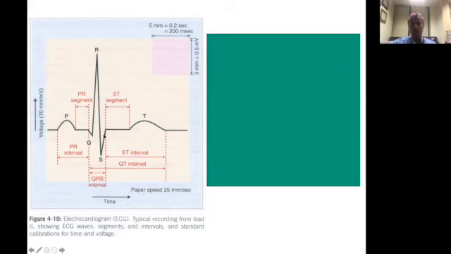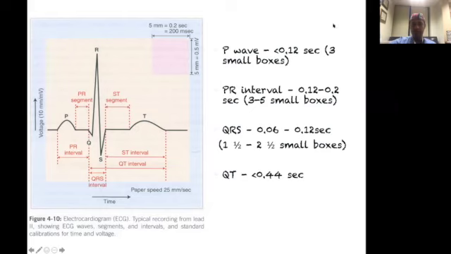Good. What's a normal QRS interval? From 0.06 to 0.1 seconds. Good. So it should be no more than 3 small boxes, right? Okay. So here are the values. The P wave by itself should not be more than 3 small boxes.